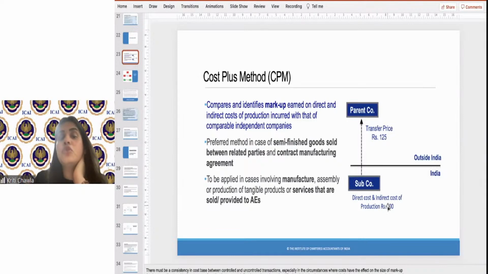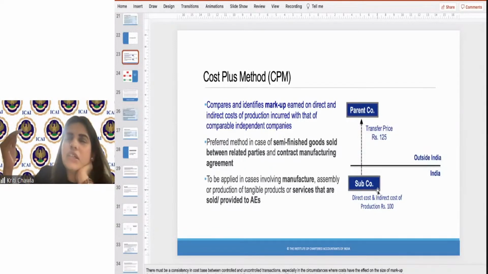Now, what we have to do is substantiate that this 25% of margin, which has been earned by the subsidiary company, is at arm's length price. How do we substantiate that? Well, what we'll do is we'll look at other comparable companies in the industry who are also manufacturing that particular pen. And if they are also earning a margin of 25%, then we are at arm's length price.